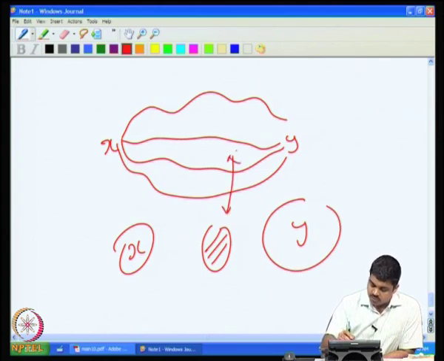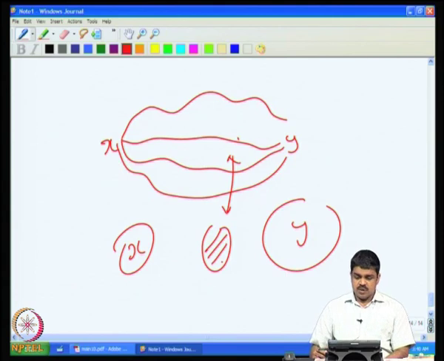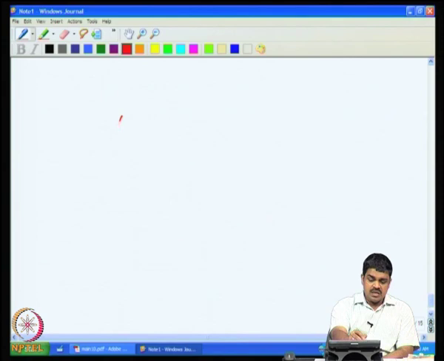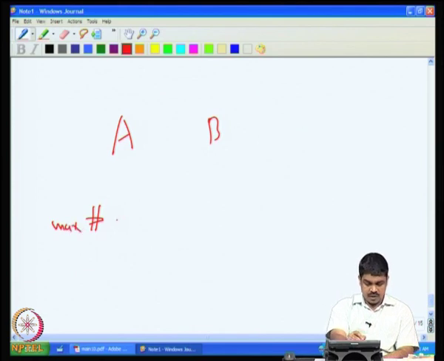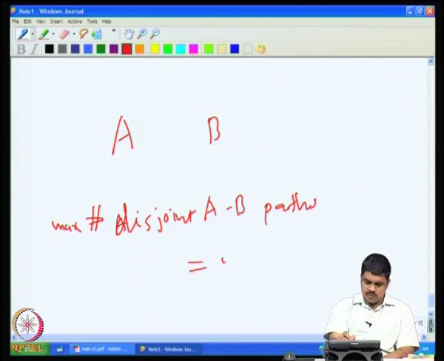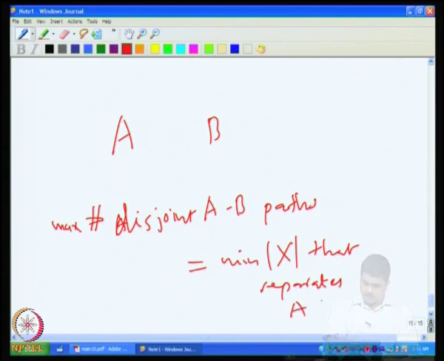Our intention was to prove that these two are equal, right? Instead of proving this, we will prove this general statement: given any two subsets A, B, the maximum number of disjoint AB paths is equal to the minimum cardinality of X that separates A from B.